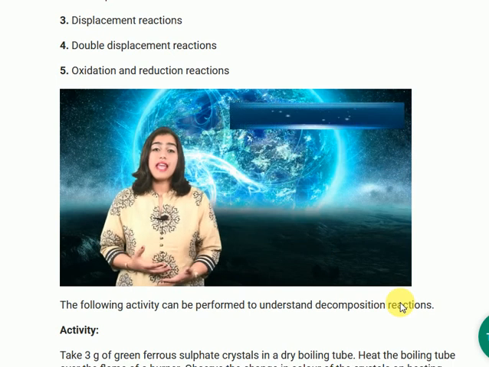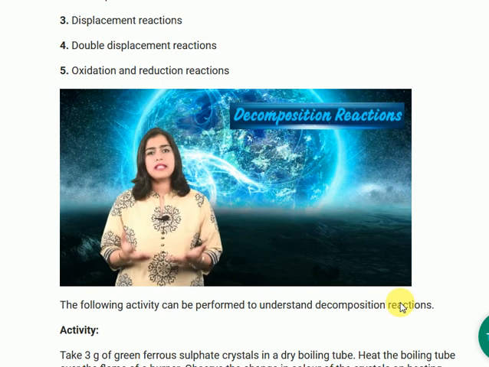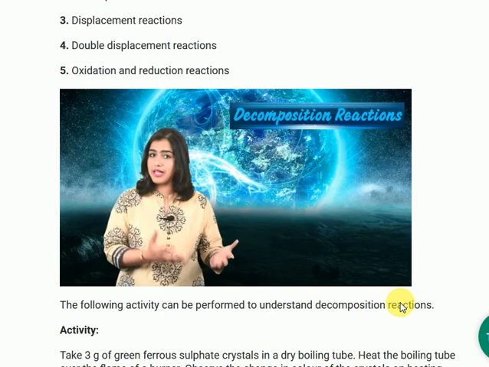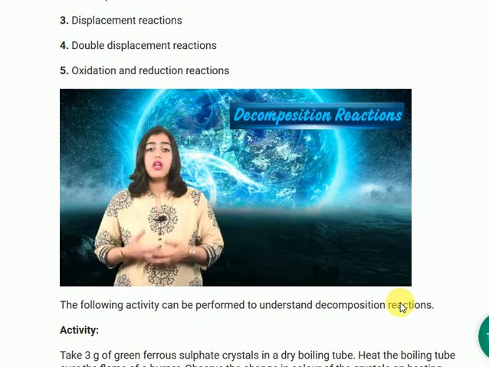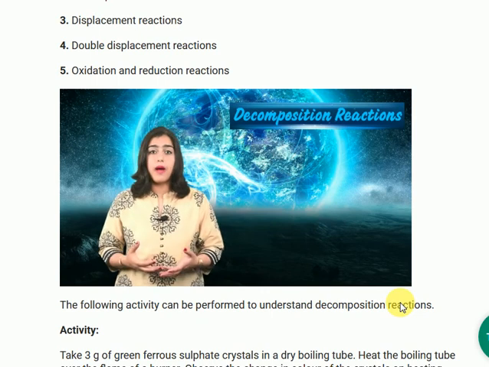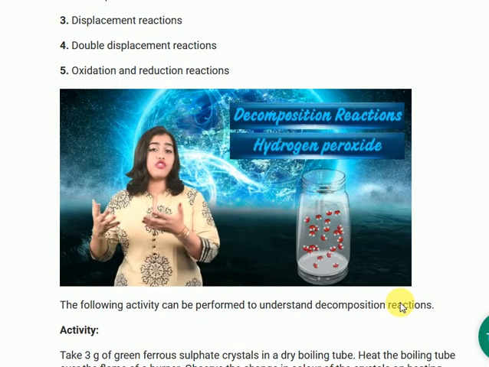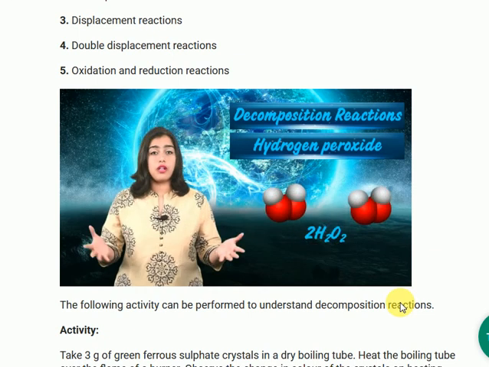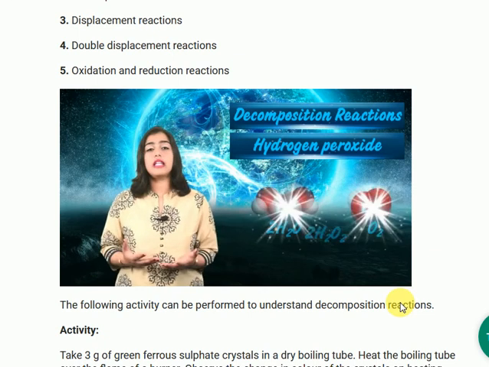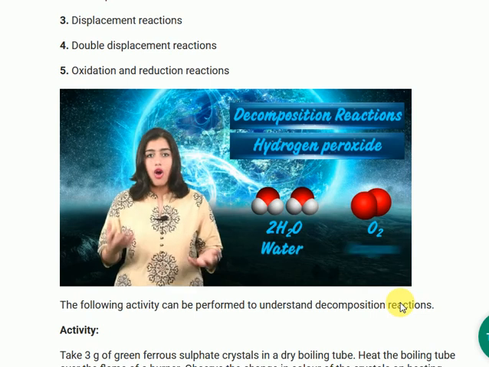So when we say decomposition, we mean something breaks to form something new. And in this particular example, since we are talking about decomposition of hydrogen peroxide, it is a very unstable compound. It spontaneously breaks into water and oxygen.